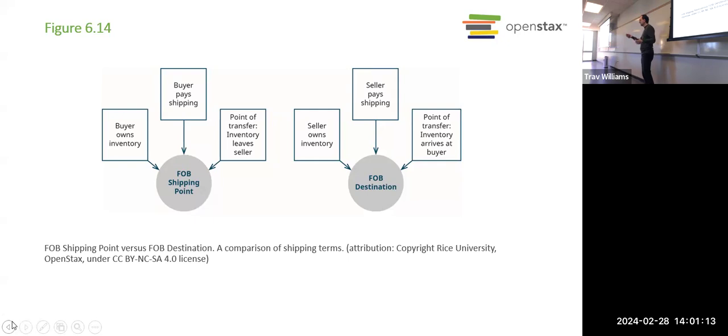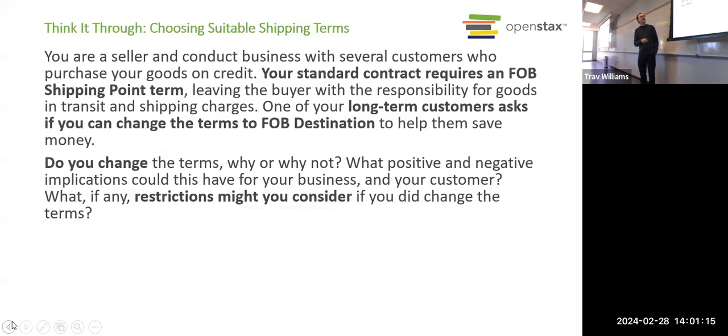So if we're the seller, great. We don't have to worry about shipping costs. But we have a buyer, a long-term customer who wants us to cover the shipping costs. Should we make an exception since they're a long-term customer? What do you think?